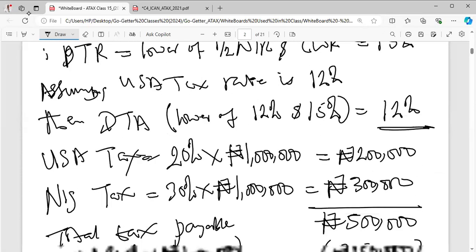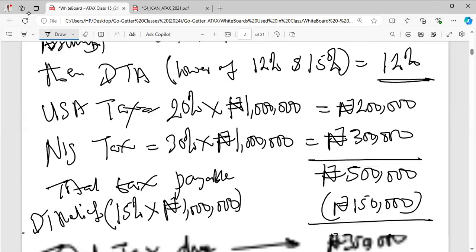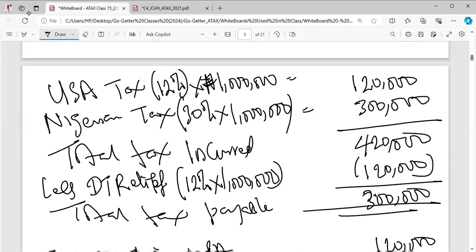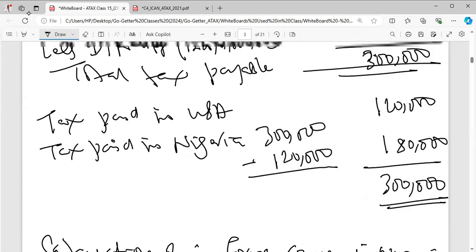Okay, so when it is lower than half of Nigerian tax, it is paying lower. So you see, if it is a foreign tax that is bigger, it pays higher. If it is a foreign tax that is lower, it pays lower.